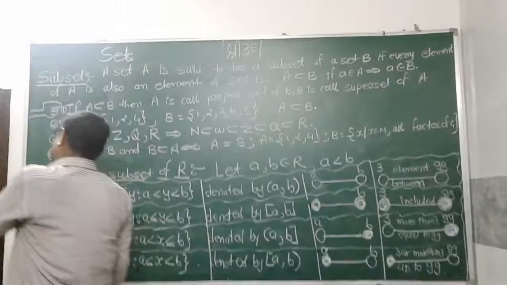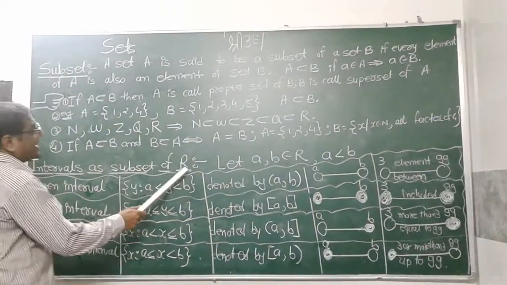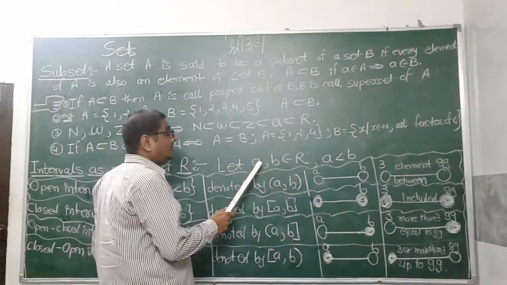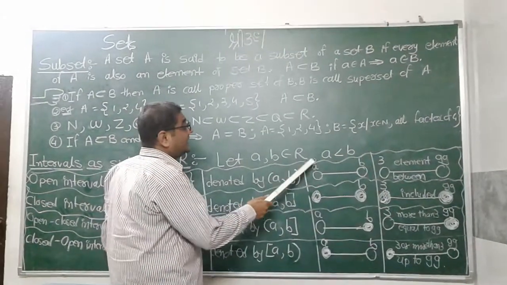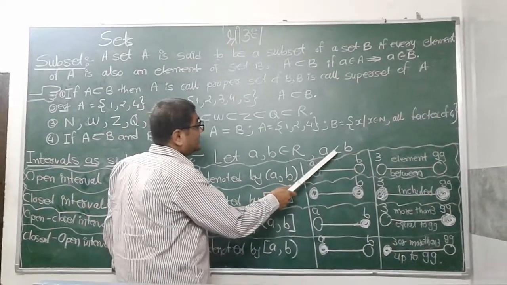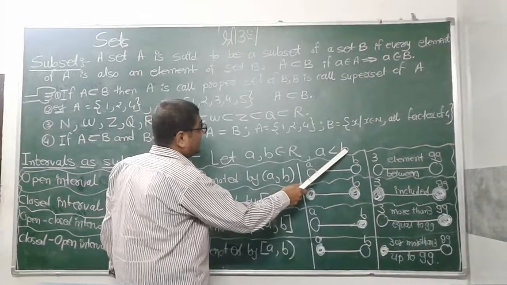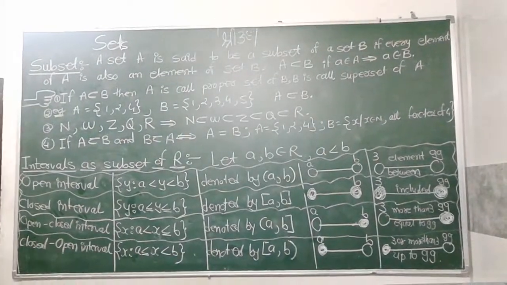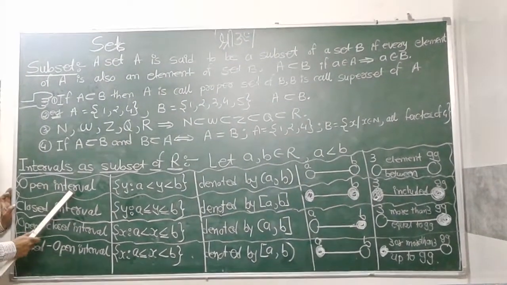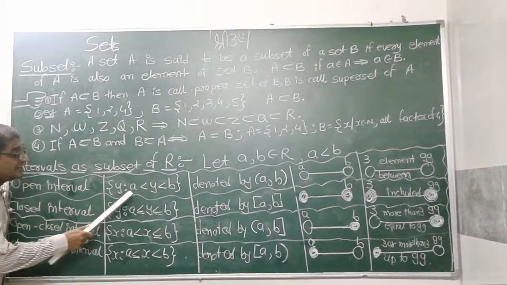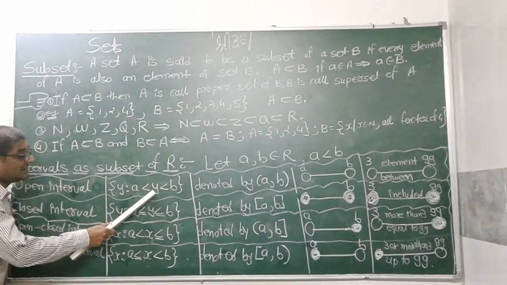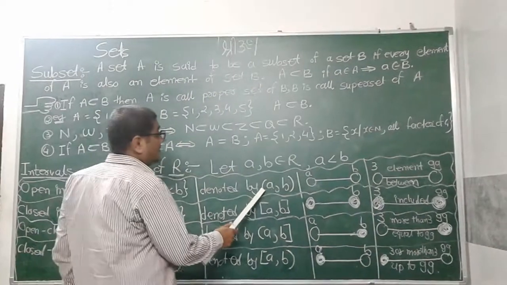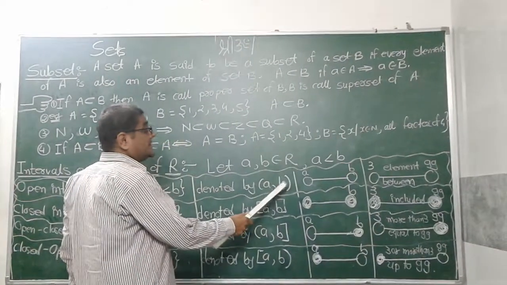Now interval. Interval as a subset of R. Let me consider two elements, in general form a and b belong to R. Here the condition is that a is smaller than b, otherwise a is equal to b. So we start with the open interval. Open interval means y, where the value of y is greater than a but less than b. It is denoted by small brackets.